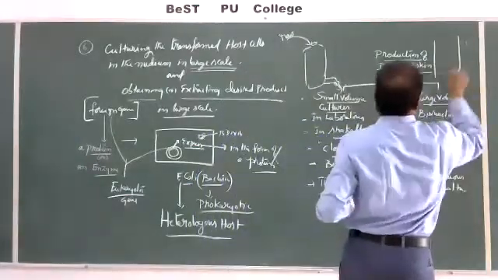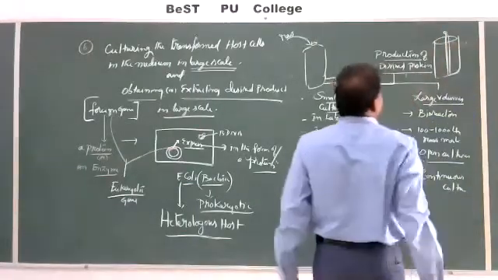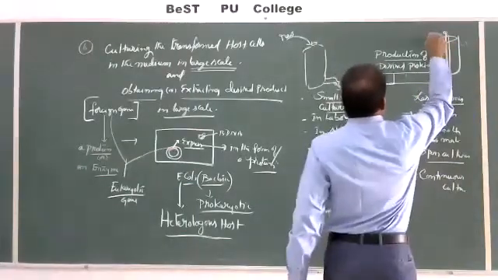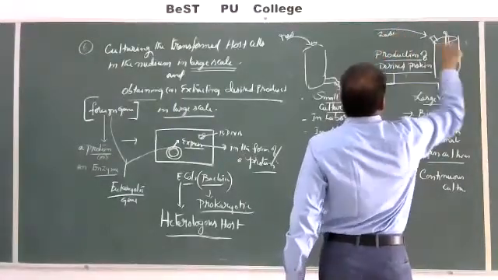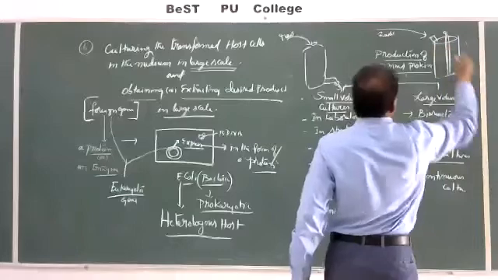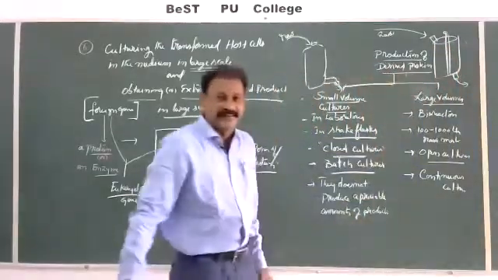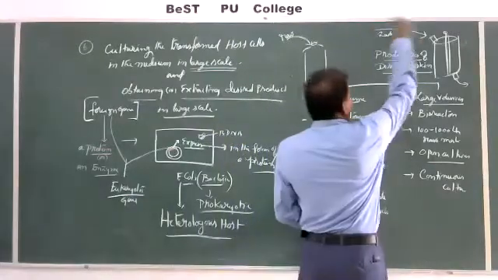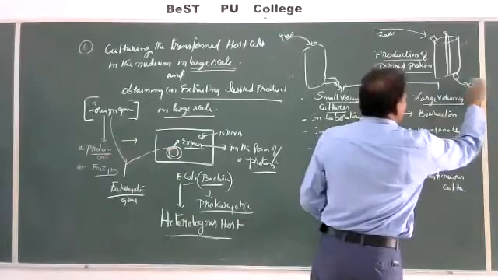There are vessels called bioreactors. We are keeping the raw materials, and production goes on. From the other side we are collecting the product, but it is not closed. Continuously we are dropping the raw materials, continuously we are collecting the useful products.